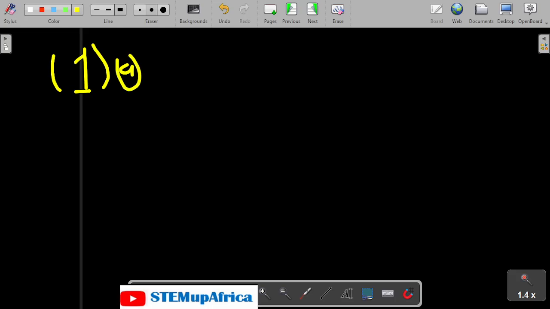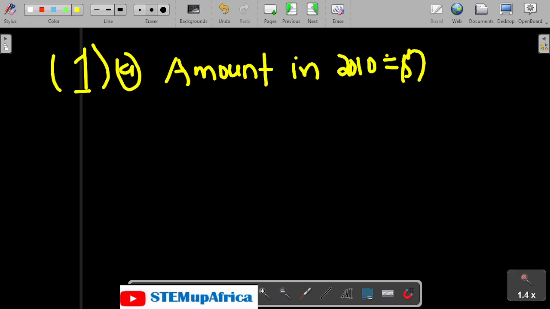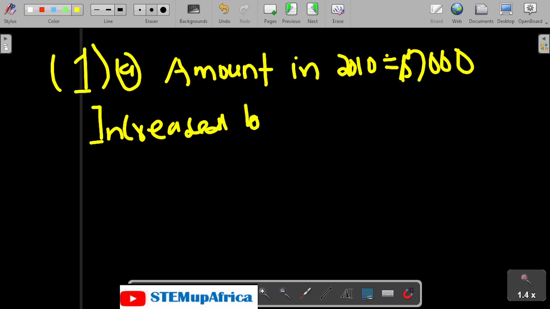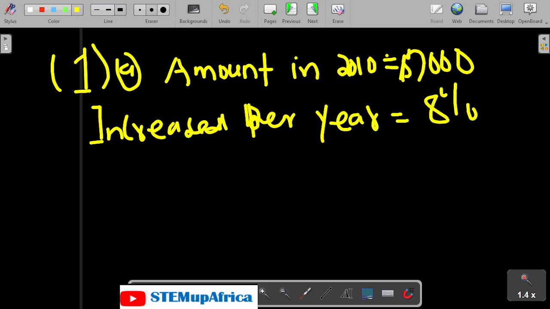The amount in 2010 is $7,000. Increase per year is equal to 8%.